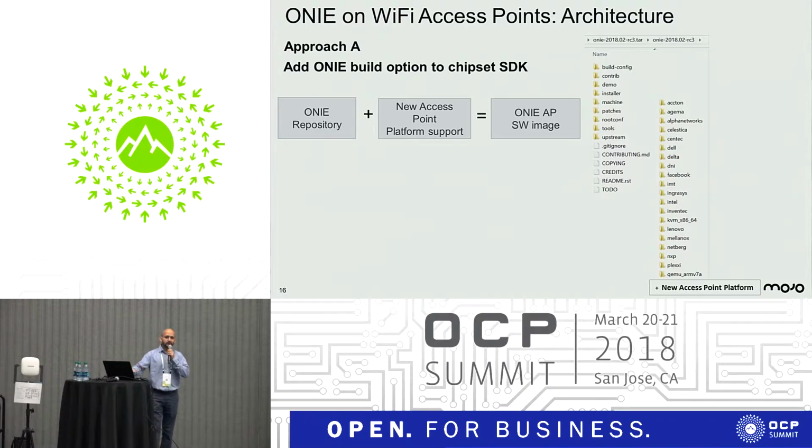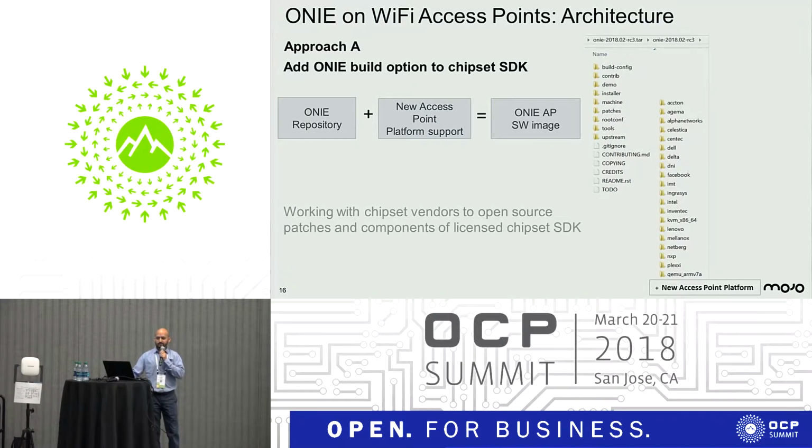So this is the traditional way of doing it, but we have explored this path, and currently we are working with chipset vendors to open source their patches and components of their licensed chipset SDKs in order to make this happen.